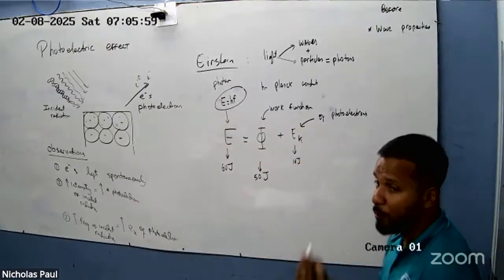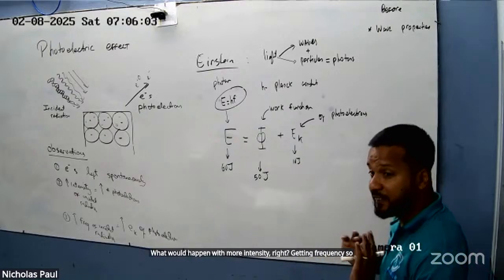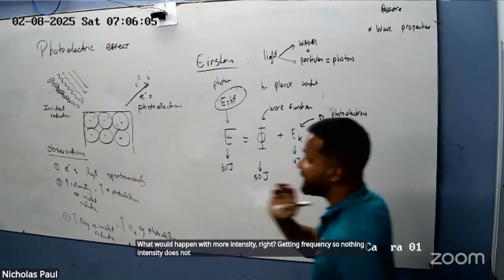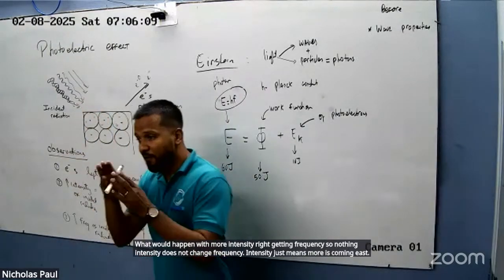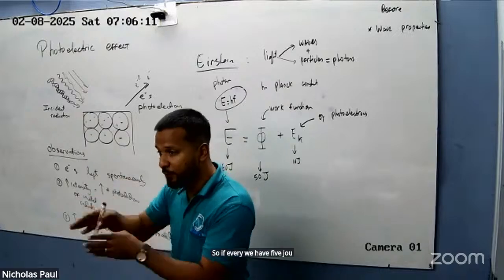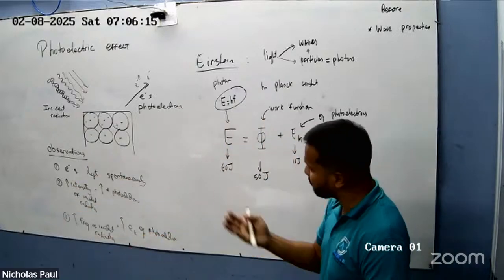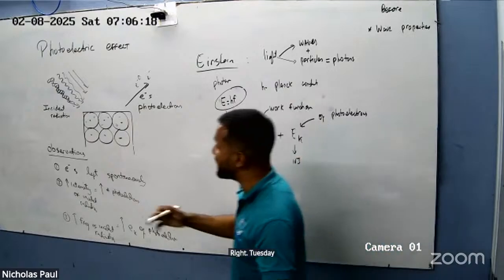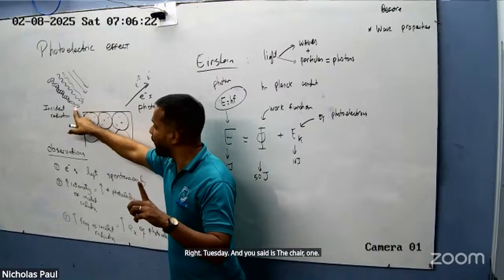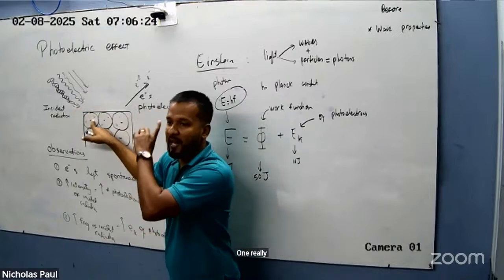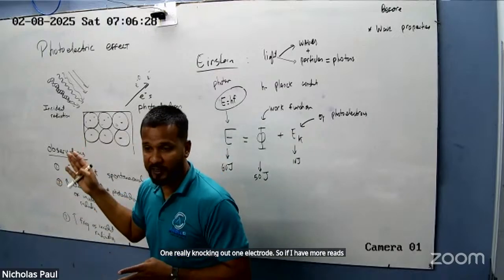What would happen with more intensity? Intensity does not change frequency. Intensity just means more rays coming in. So if every ray had 5 joules, you have more rays with 5 joules. But what Panchu said is, picture one ray knocking out 1 electron. So if I have more rays, I'll have more electrons leaving, right?